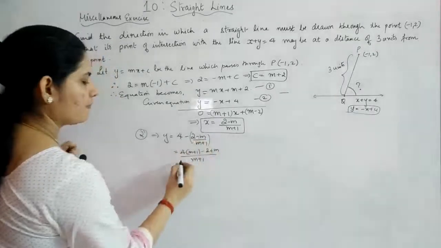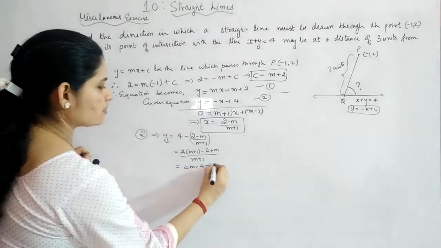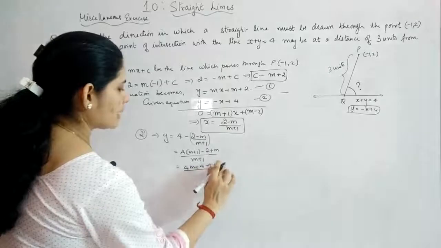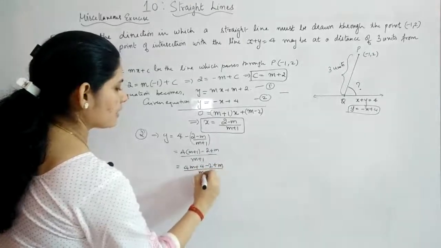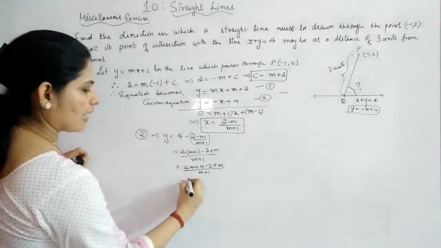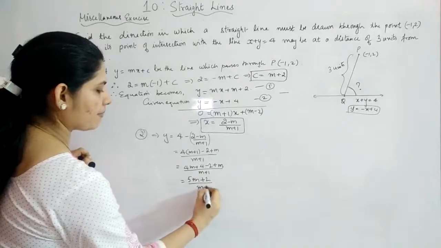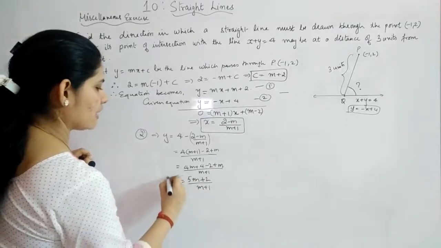So this will give you 4m plus 4 minus 2 plus m divided by m plus 1, or y is equal to 5m plus 2 divided by m plus 1. So this is your y value.